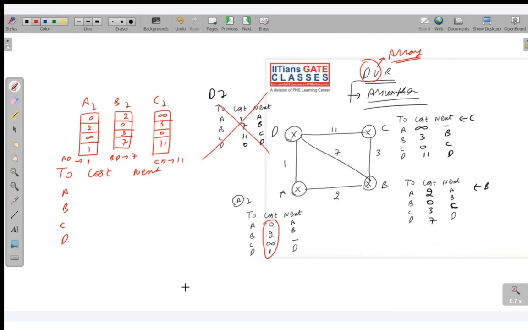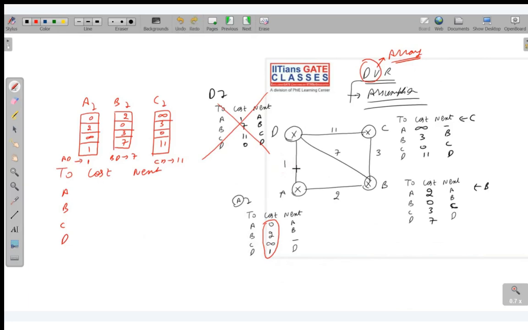Please try to understand it, no need to worry, I will repeat it again. A has sent its distance vector to D. Now by common sense, you cannot use these entries as they are for D. D will add 1 to it. Why? Because A to D distance is 1.